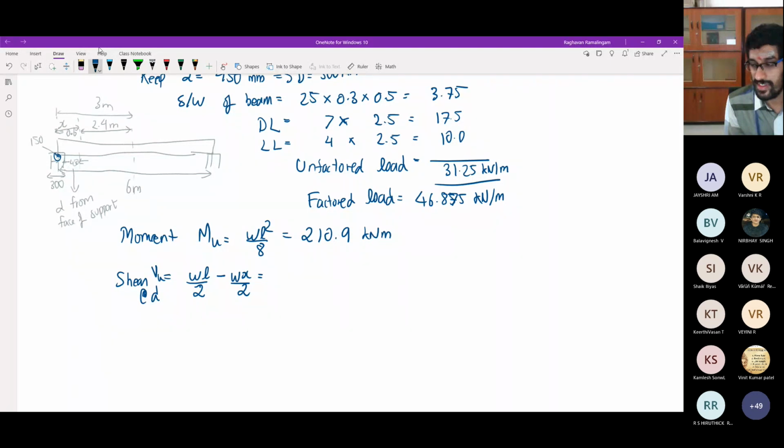Sir, but by using the triangle, I'm getting 112.5. Like if we draw the triangle, like we did two classes before. So at the end it will be 46.875 into 3.